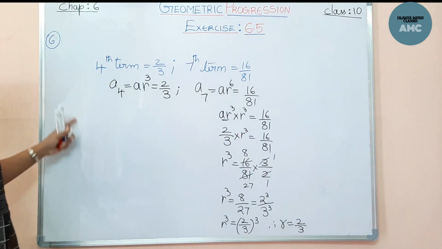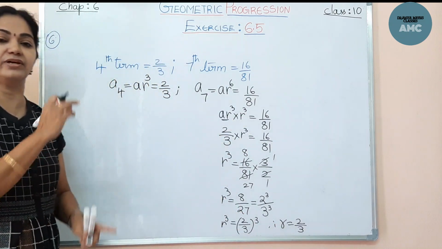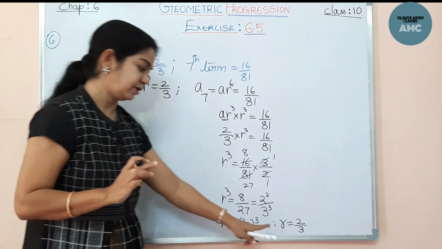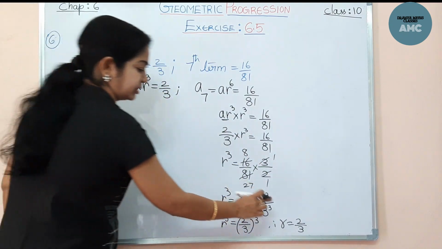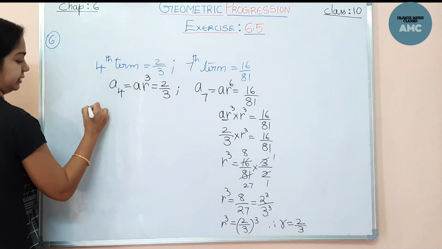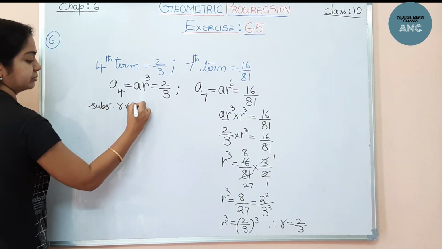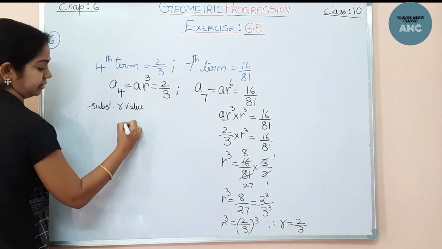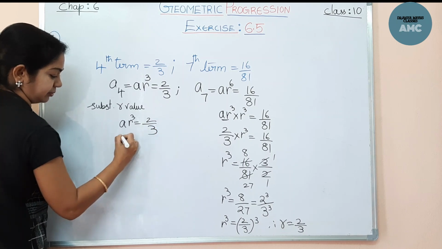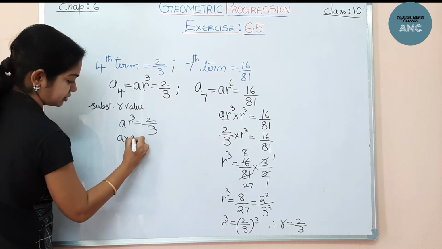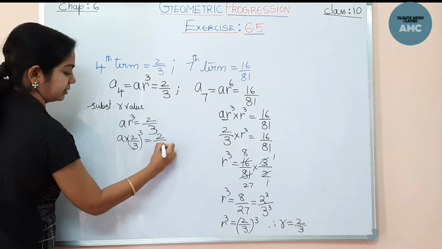Now here we know the R value, but the question asked is that we have to form the series. If you know the R value, we can find the A value by substituting this R value here. So AR cube is equal to 2 by 3. Now A into the R value, 2 by 3 whole cube, is equal to 2 by 3.